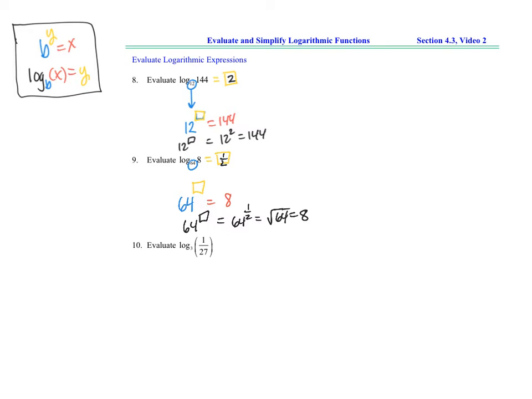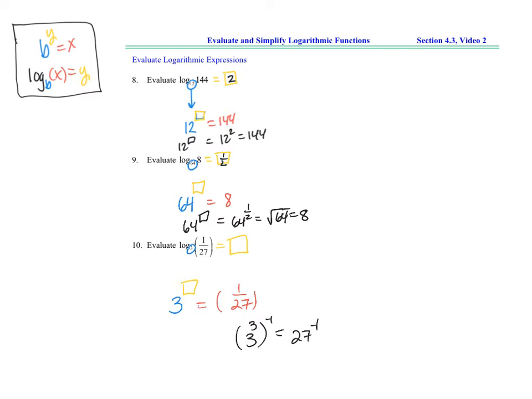And last one, log base 3 of 1/27. So 3 to what power is equal to 1/27? Well, 1/27 is the same thing as 27 to the -1, and 27 is 3 cubed, so that to the -1.